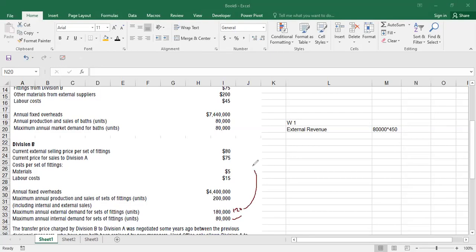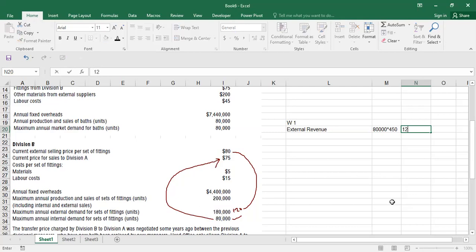Externally, they are selling at $80, and internally these 80,000 units they are selling for $75. So you can make your calculations for revenue for division B. Their external revenue is 120,000 because internal is 80,000.